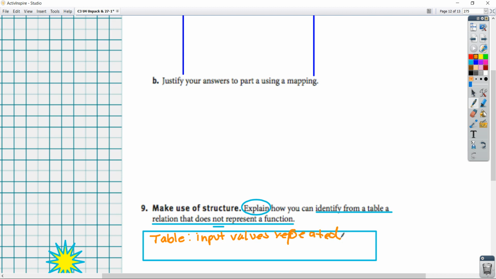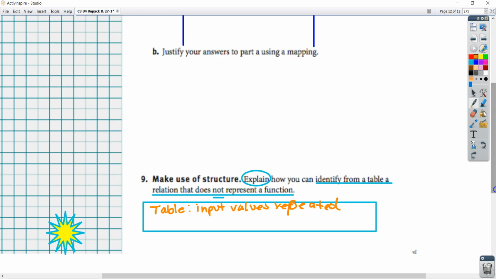If you're looking at a table, just make sure there are no input values repeated and you are good. All right, that is the end of this lesson.